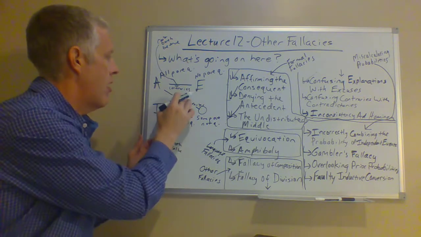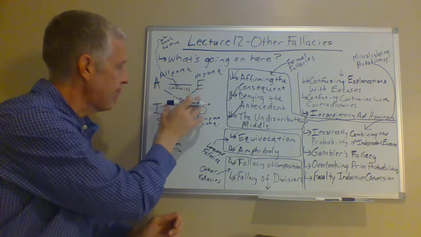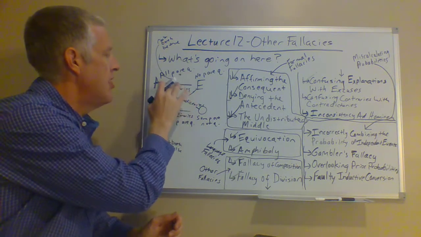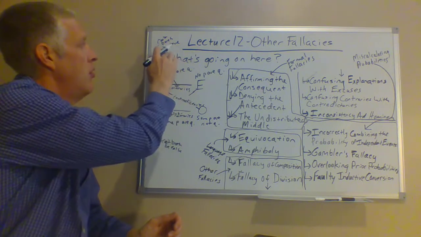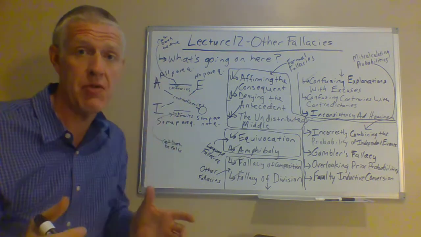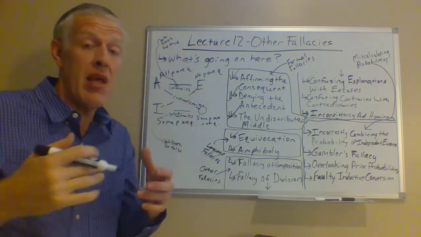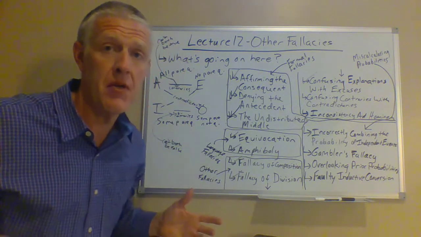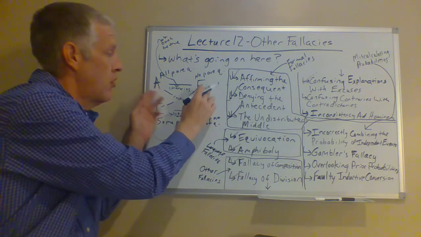Remember the contraries, A and E: these can both be false, but they can't both be true. So at times they could have the same truth value. They can both be false, but they can't both be true. Hence, there are times when both of these could have the same truth value.